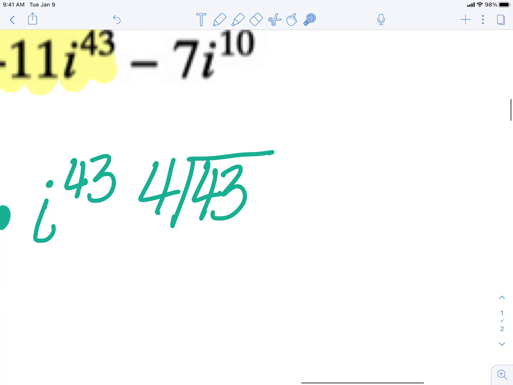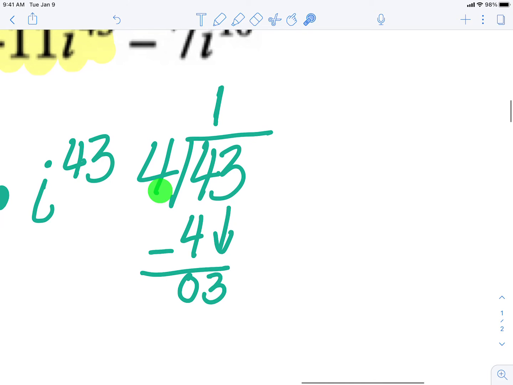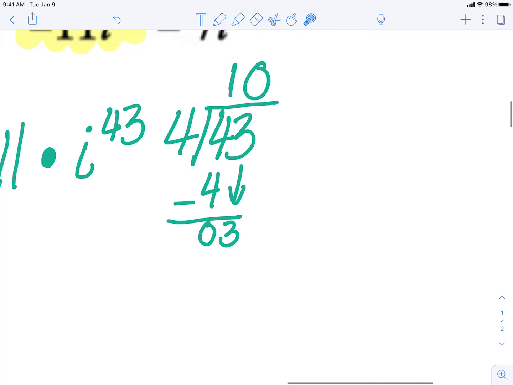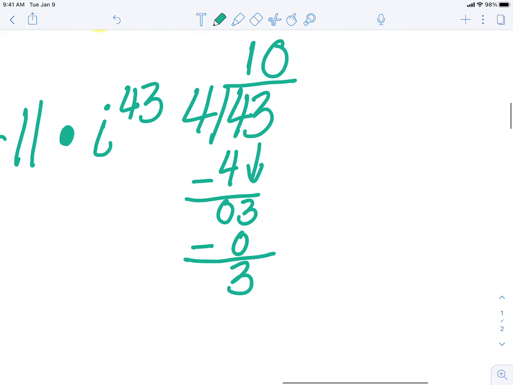So, how many times does 4 go into 4? 1 time. Right? 1 times 4 is 4. 4 minus 4 is 0. Bring down my 3. How many times does 4 go into 3? It goes in 0 times. Right? 0 times 4 is 0. 3 minus 0 is 3.